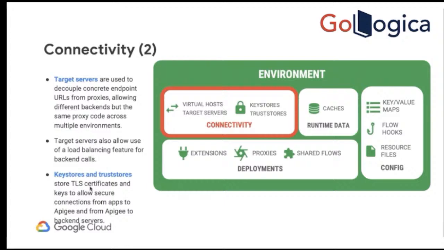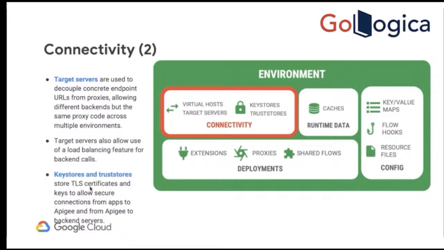And then Apigee has the key store and trust store. Key stores and trust stores are used to store TLS certificates, private keys, and all this stuff. The key store will store the certificate on the Apigee layer, and the trust store will have the certificate of the backend or third party server which we are going to call from Apigee.